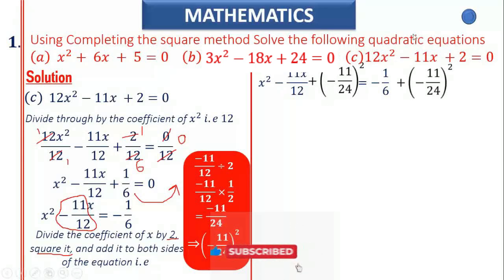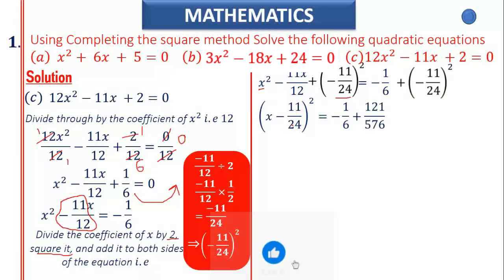Don't forget, like I keep saying, what you need to do is pick your x and pick what is in the bracket. That will make up your square. That will be (x - 11/24)^2 = -1/6 + (11/24)^2. Then you can evaluate what you have here and simplify it further.